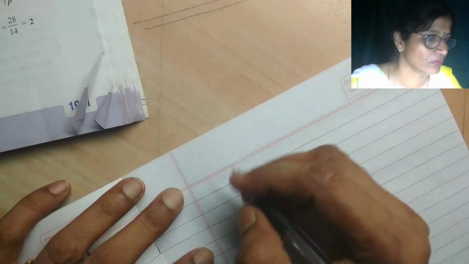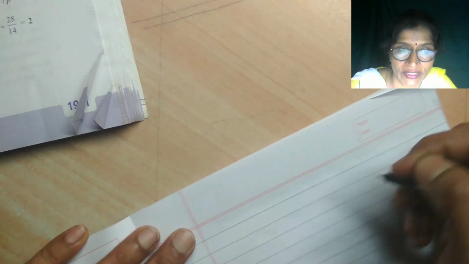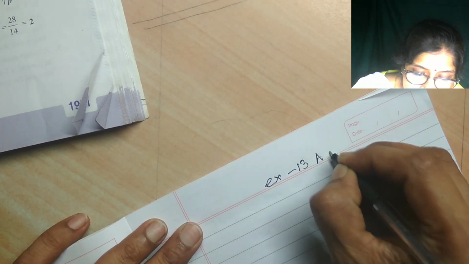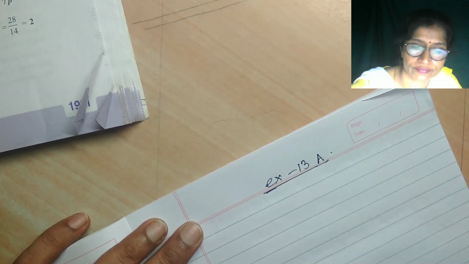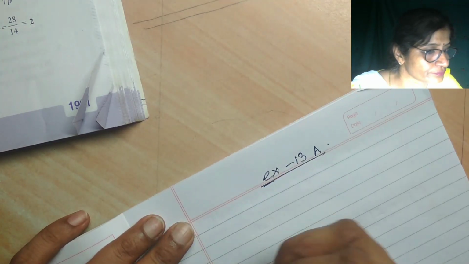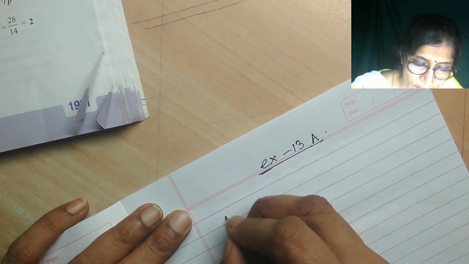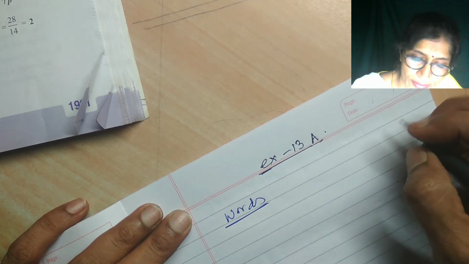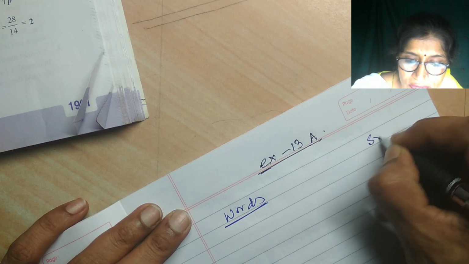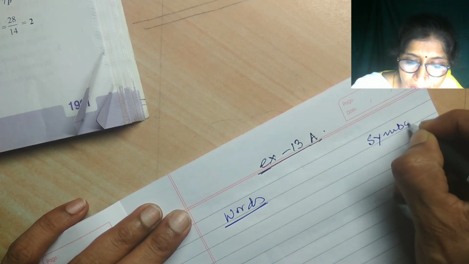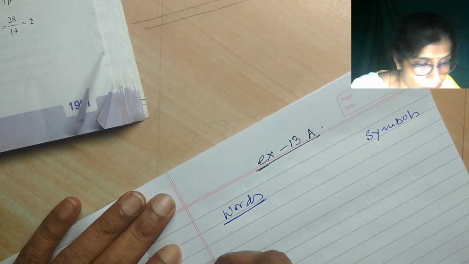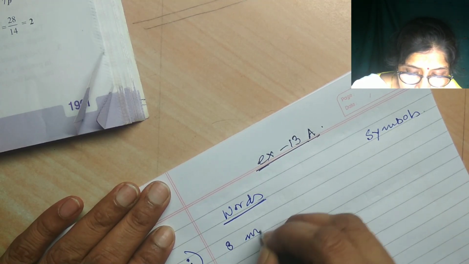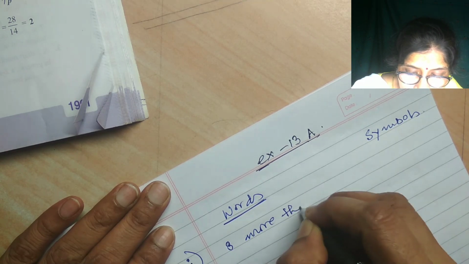Now I'm explaining from exercise 13A. First you listen to me, then you will do it by yourself. Here it is given in words and you have to write it in symbols. First is that it is 8 more than p.